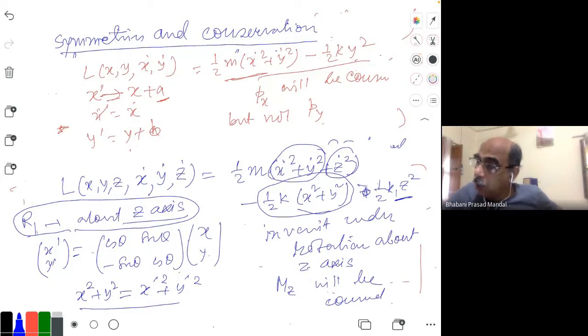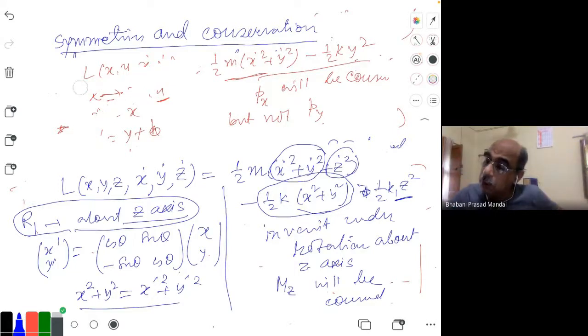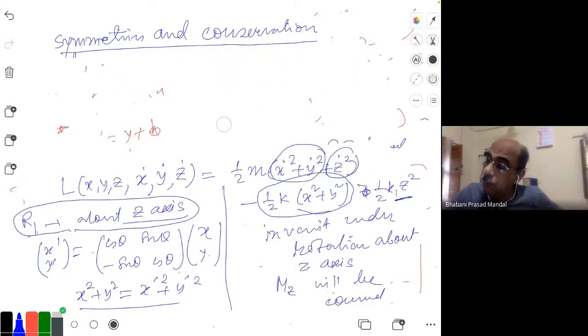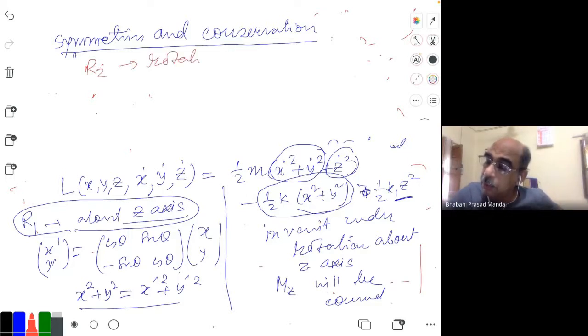But now if you consider a rotation about the x axis, rotation R2, I will have y prime and z prime, and similarly y and z.